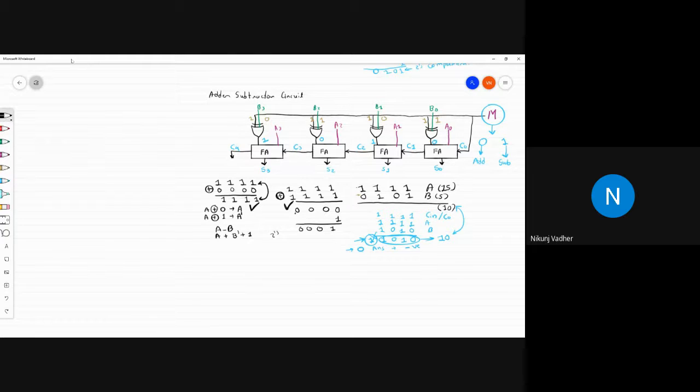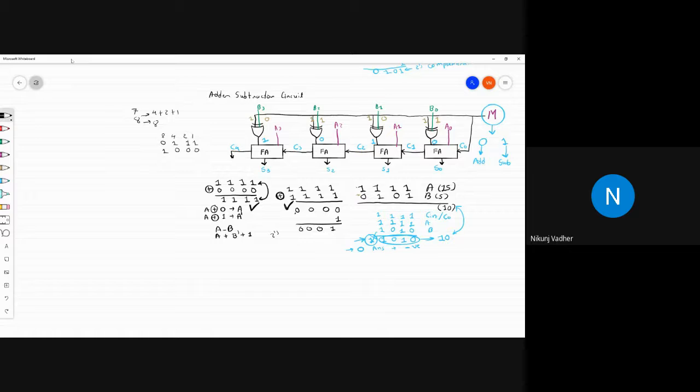Here we will take the example of addition, 7 plus 8. 7 is 4 plus 2 plus 1, and 8 is just 8. In binary, with place values 1 2 4 8, 7 is 0 1 1 1 and 8 is 1 0 0 0.